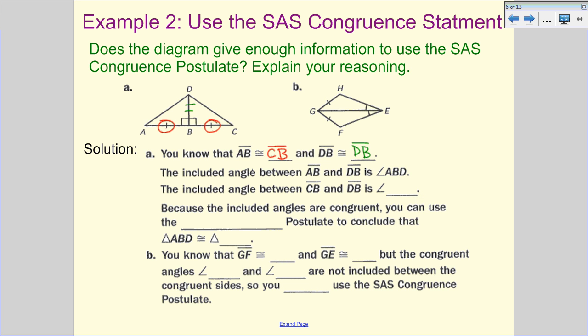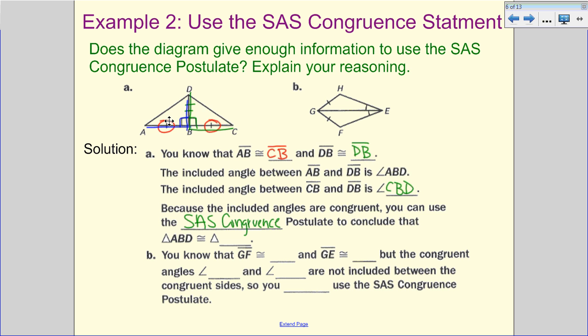The included angle between AB and BD is this angle right here, angle ABD. The included angle between CB and DB is this angle right here, which is angle CBD. And because the included angles are congruent, they're both marked as being 90 degrees, I can use the side angle side congruence postulate.